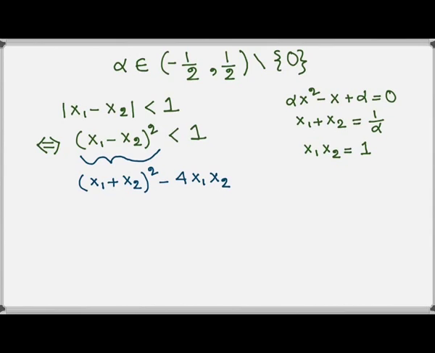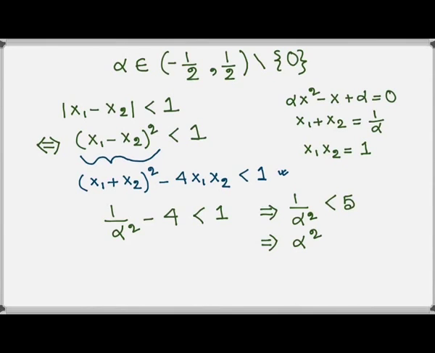Substituting these two values in the inequality here, we get 1 by alpha square minus 4 is strictly less than 1. That means 1 by alpha square is strictly less than 5. That is, alpha square is strictly bigger than 1 by 5.